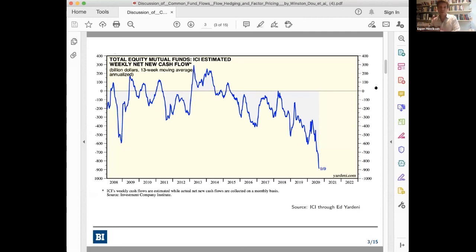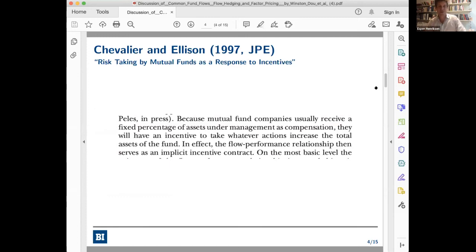The authors do not account for that, but what they do account for is how we adjust the portfolio or the strategy for the assets under management given these high frequency outflows. When I read up on this, I also came across a seminal paper in the literature on mutual funds by Judith Chevalier and Glenn Ellison.